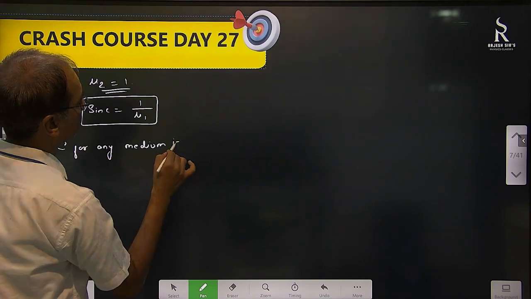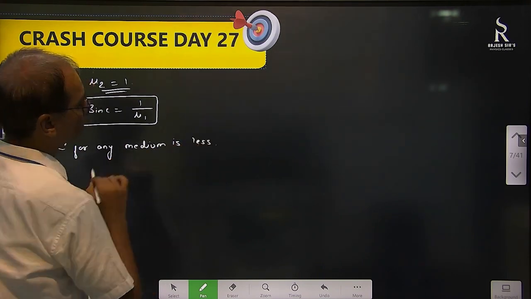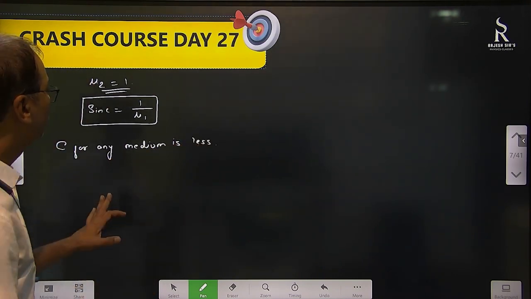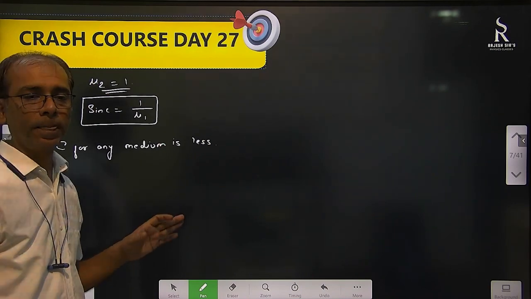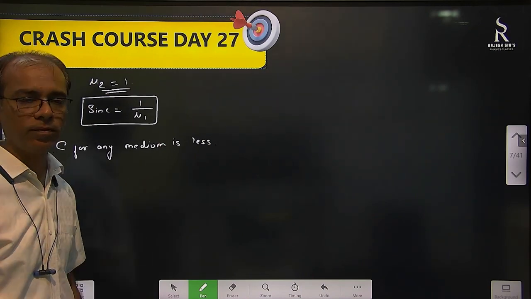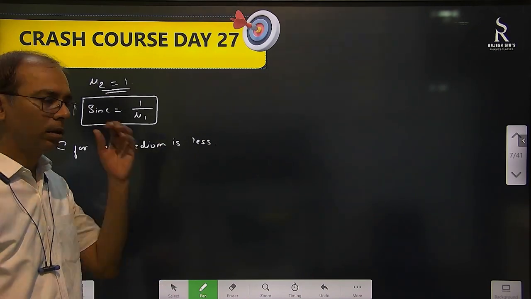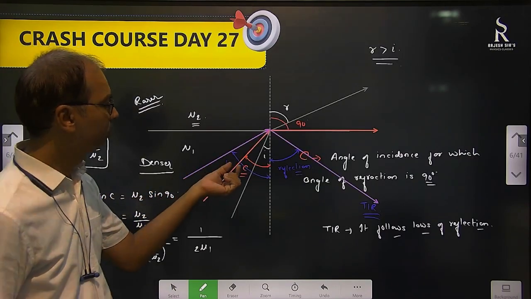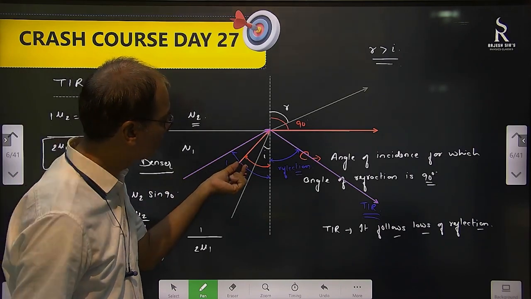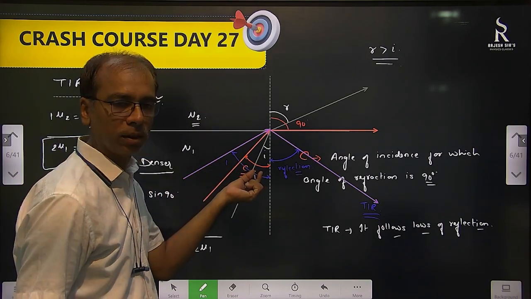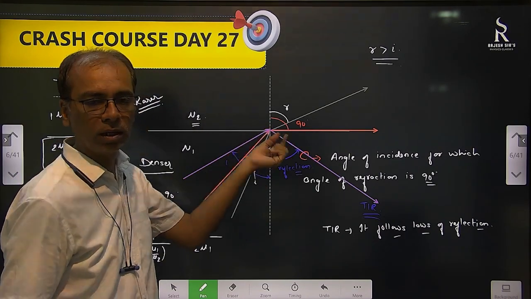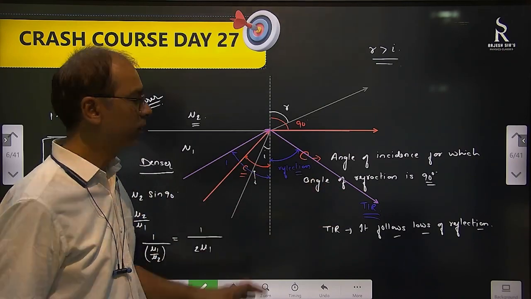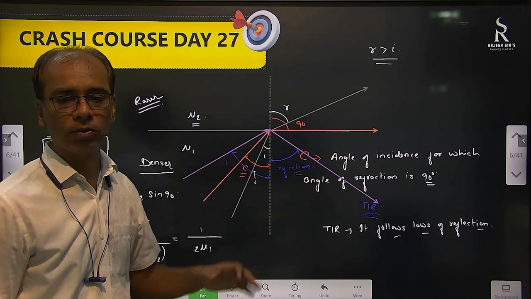So C for a medium is less. It means the ray is going to do TIR very soon. How? Because if C is small, it will start doing TIR right here itself, with a very small value.